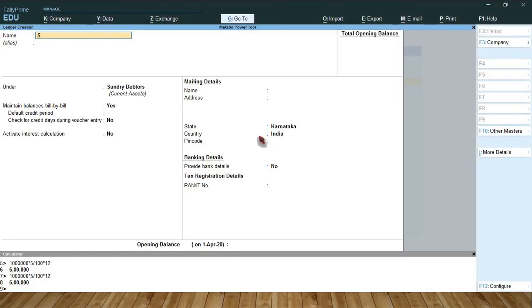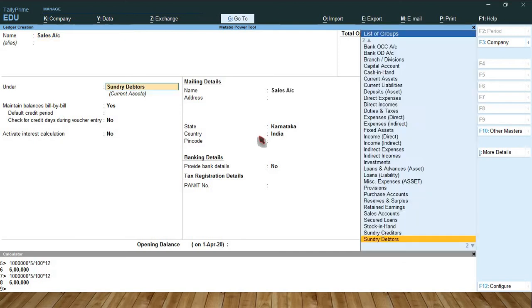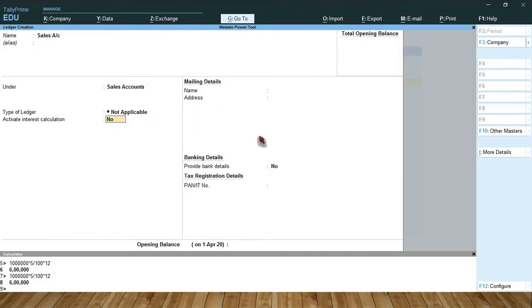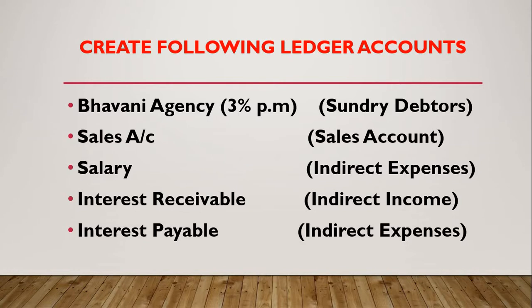Sales account, under sales account. Not applicable. Activate interest calculation, no, because this is a supporting ledger. So salary, interest receivable, interest payable, these are all supporting ledgers. Don't activate interest calculation for these ledgers also.